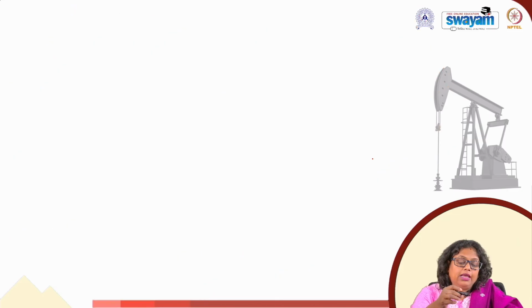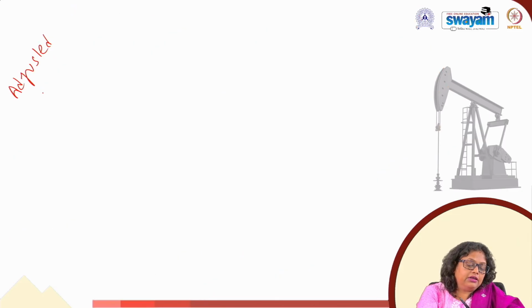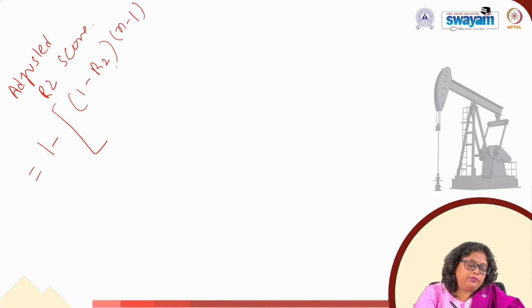And then we have the last one, that is the adjusted R2 score. So how are we going to calculate this one? Formula: 1 minus (1 minus R2) times (n minus 1) divided by (n minus 1 minus k).